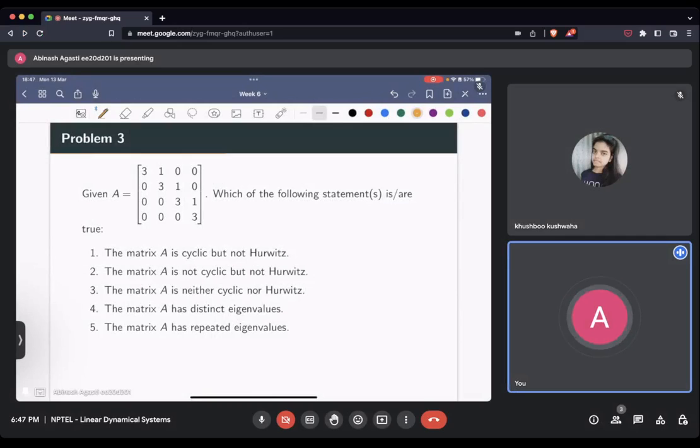Okay. So this I think we briefly discussed last class as well. Given this matrix, which of the following statements is or are true? Is this matrix cyclic or Hurwitz?